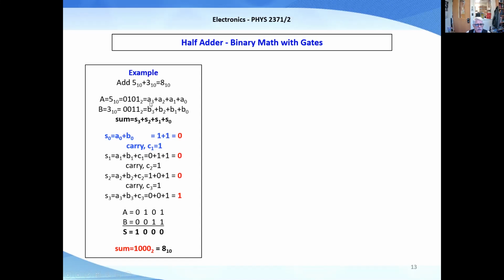And A3 is the most significant digit. That's the 0 here. So then the sum is going to be represented as S0, S1, S2, S3, where this is the least significant digit. Anyway, we do the math just like we did with base 10, and we have to have carry.